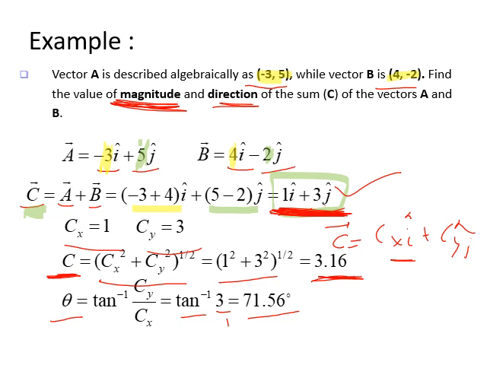So that is the magnitude, and this is the direction of the vector C. So these are basically the answers of this whole example. So you need to find firstly the vector in terms of the unit vectors. Once you have this, you can find the magnitude, and then you can find the direction for the vector.